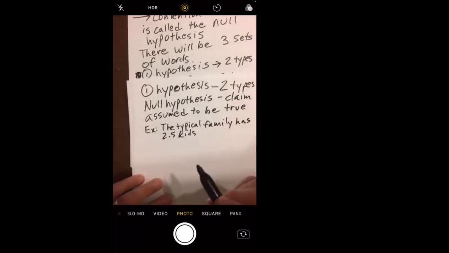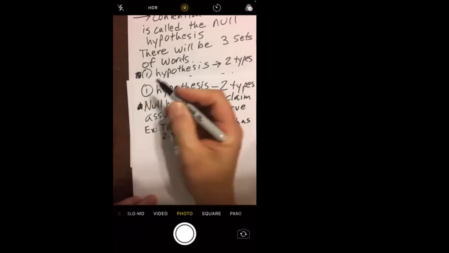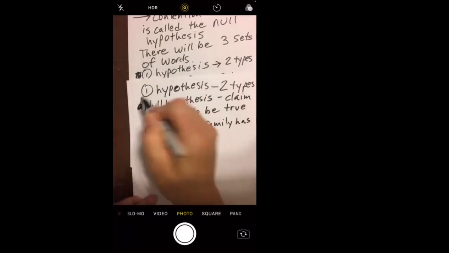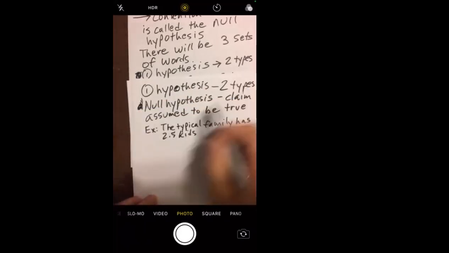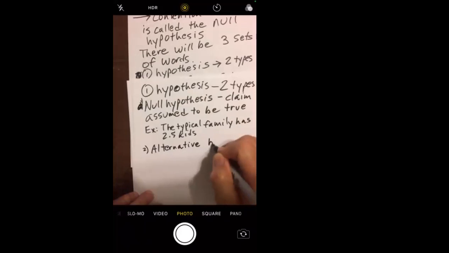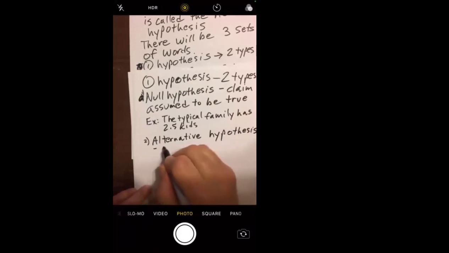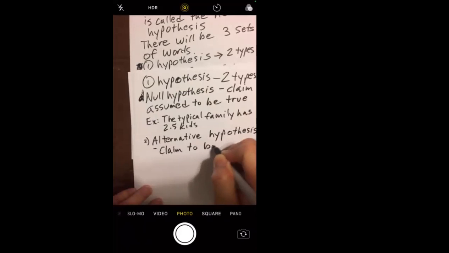The other type is called the alternative hypothesis. It is the claim to be tested.